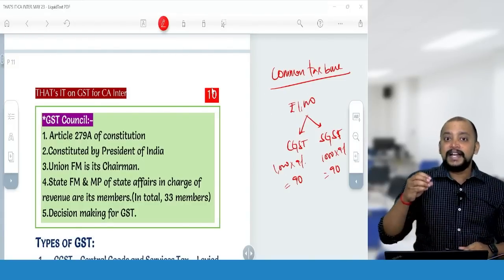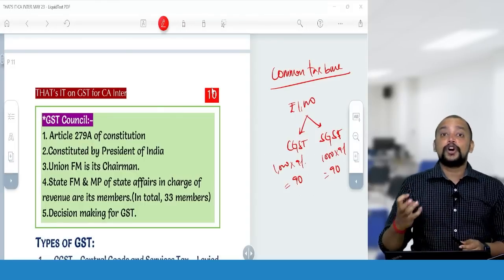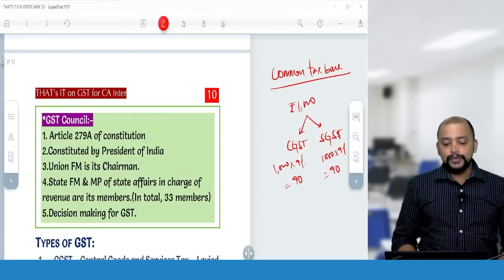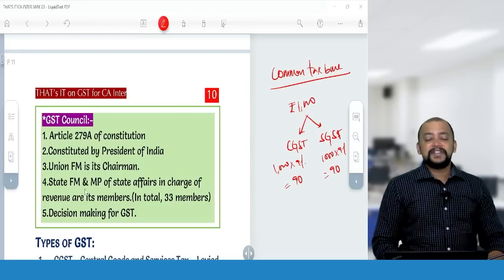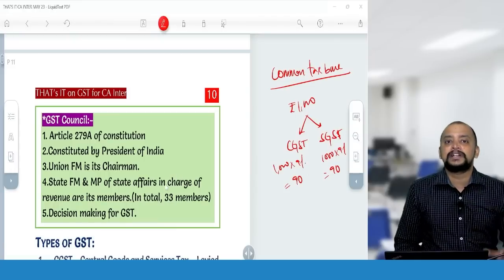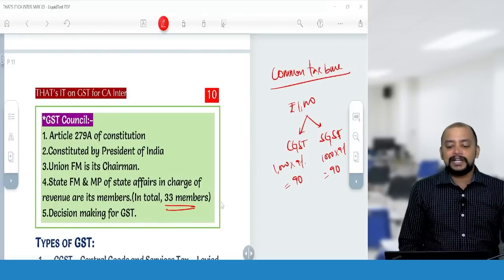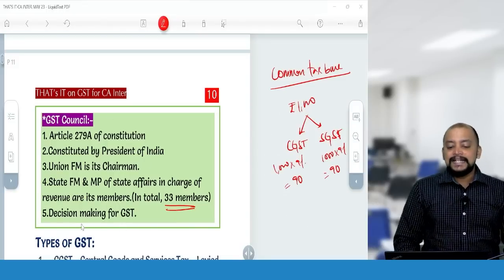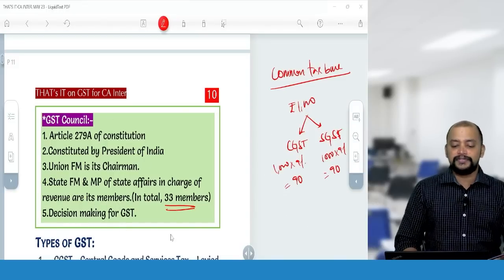It is constituted by the President of India, but the head of the GST Council is the Union Finance Minister, and the State Finance Ministers and the Minister of State in charge of revenue, for union territories, are its members. In total it has 33 members. Mainly, it is the decision making body of GST.